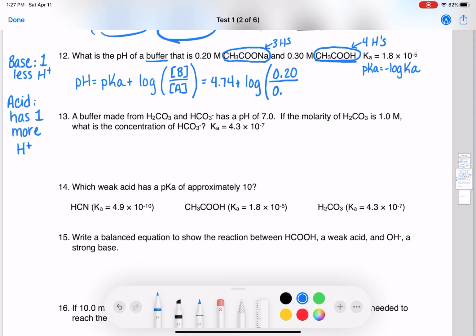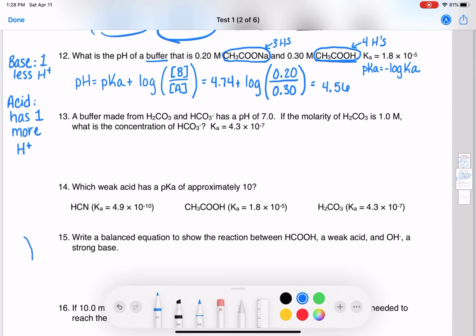The concentration of the acid is 0.3. 0.2 divided by 0.3. Take the log of that and add it to 4.74. And that gives us a pH of 4.56.